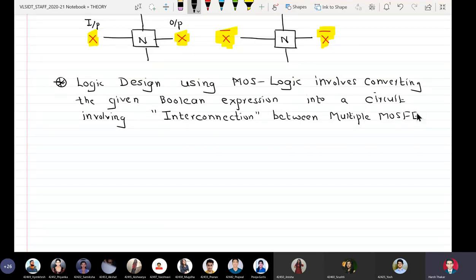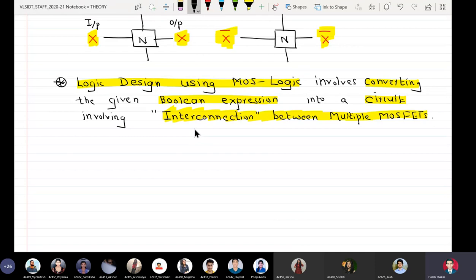Please understand this statement very carefully. Logic design using MOS logic involves converting the given Boolean expression into a circuit involving interconnection between multiple MOSFETs.